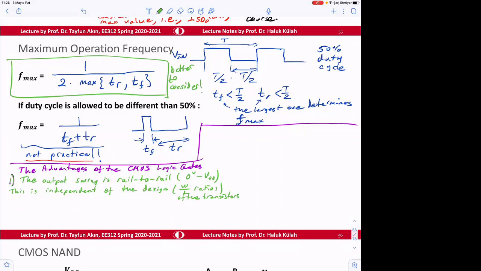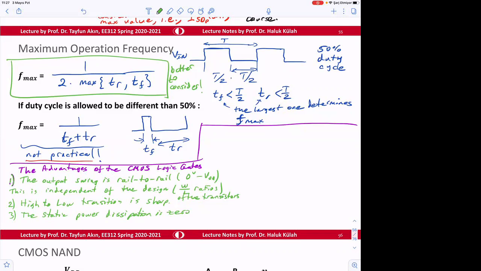So the second thing is that the high to low transition is sharp. Okay. The third thing is the static power dissipation is 0.